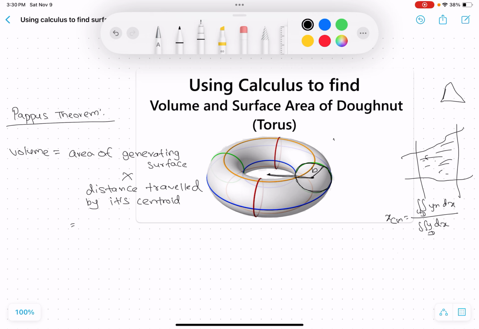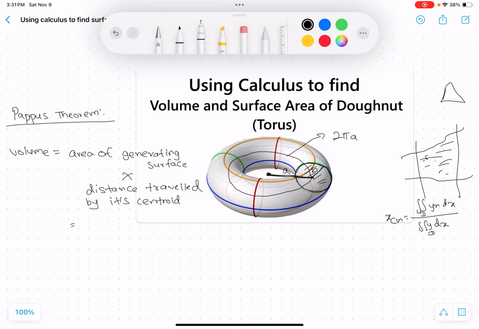To find the distance traveled by the centroid in this case, we'll of course need this radius, right? The distance from the center of the torus to the center of this generating circle, let this be a, so that this travel distance will be 2 pi a and its area will just be pi b square, right?